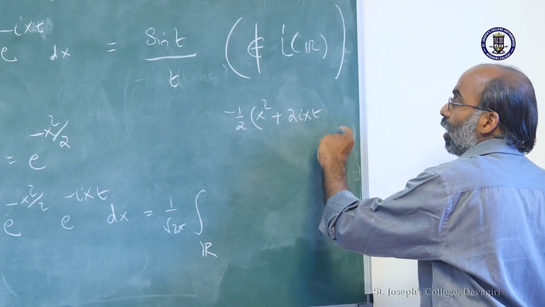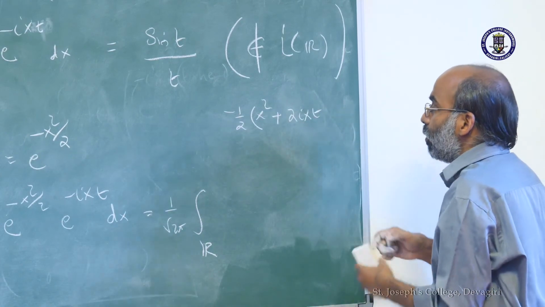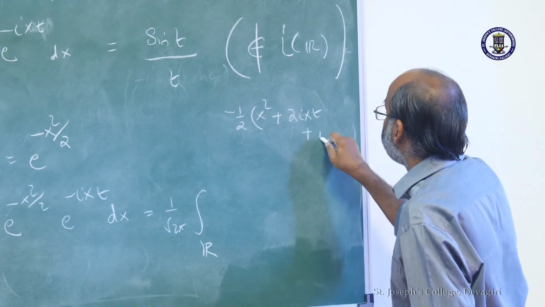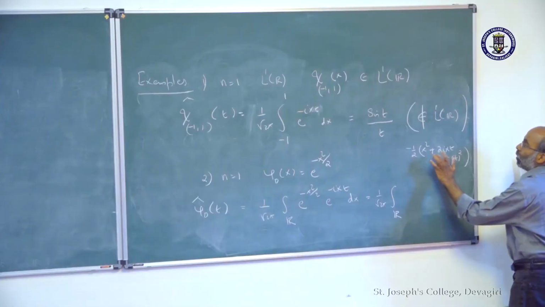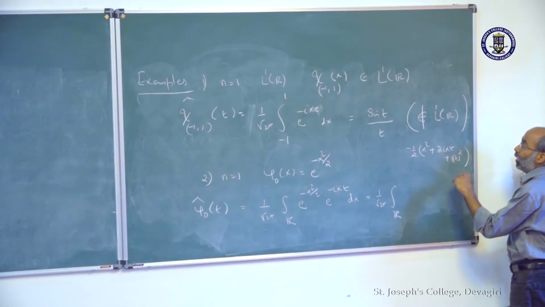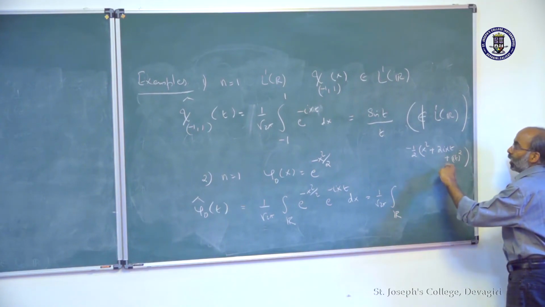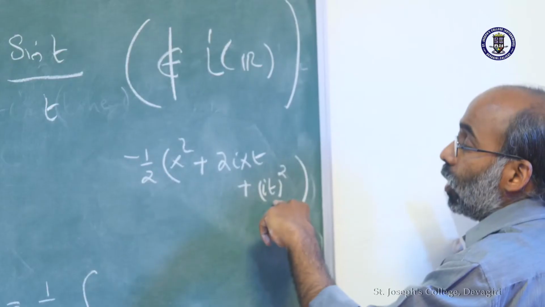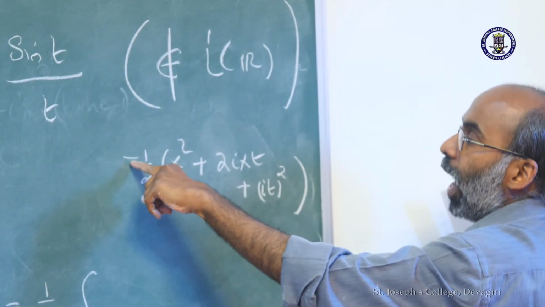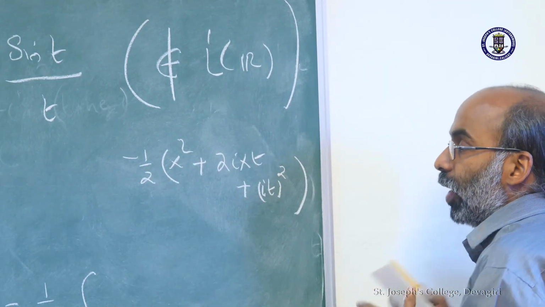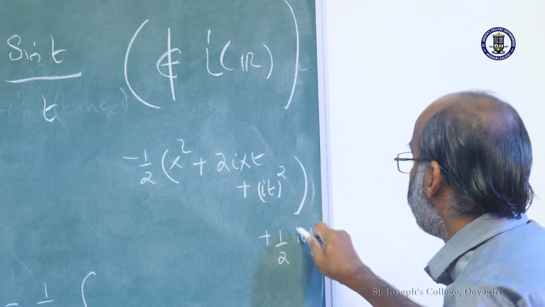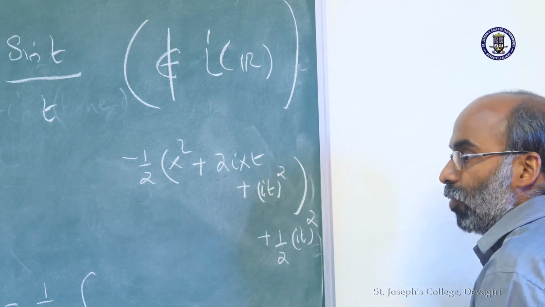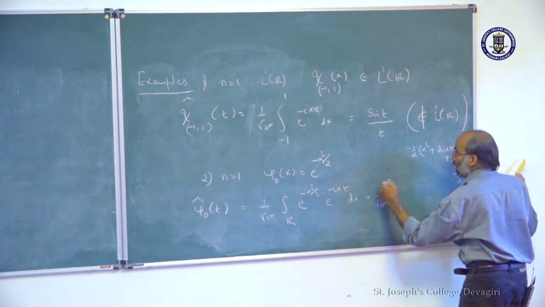So, to complete the square, I should be adding it square, correct. So, this would be a square plus 2ab plus b square, right. So, I have a plus b square, but then this is an extra term I have added. So, I have to cancel that. So, I have to add half it square, right. So, plus half it square. Okay. So, I have not done anything except completing the square and adjusting.